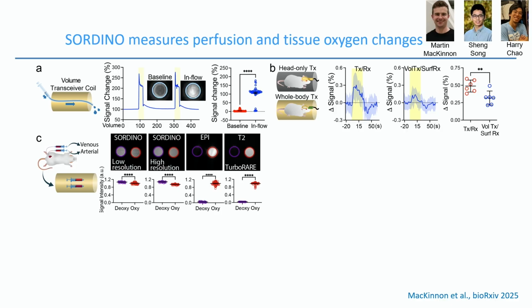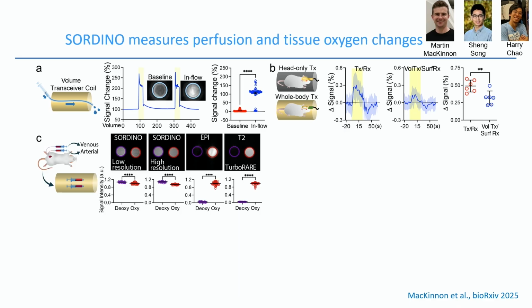You can put this freshly drawn blood into phantoms and scan it with a conventional T2-weighted protocol, and you'll see the typical BOLD effect, as you see on the right side. But if you scan with the SORDINO sequence that we use for actual fMRI scans, the venous blood carries a slightly stronger signal as compared to the arterial blood. So at least the signal is not strongly weighted by the intravascular oxygenation effect.